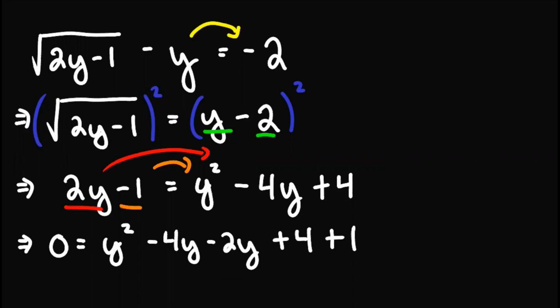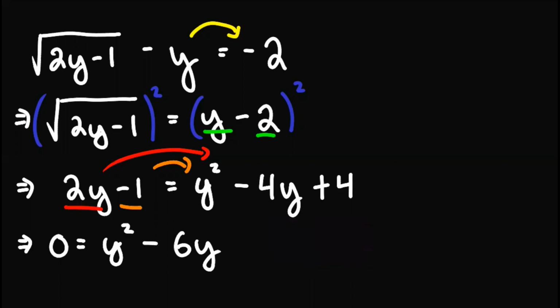Negative 4y minus 2y simplifies to negative 6y, and positive 4 plus 1 simplifies to positive 5. Now, as you can observe, we have a quadratic equation.